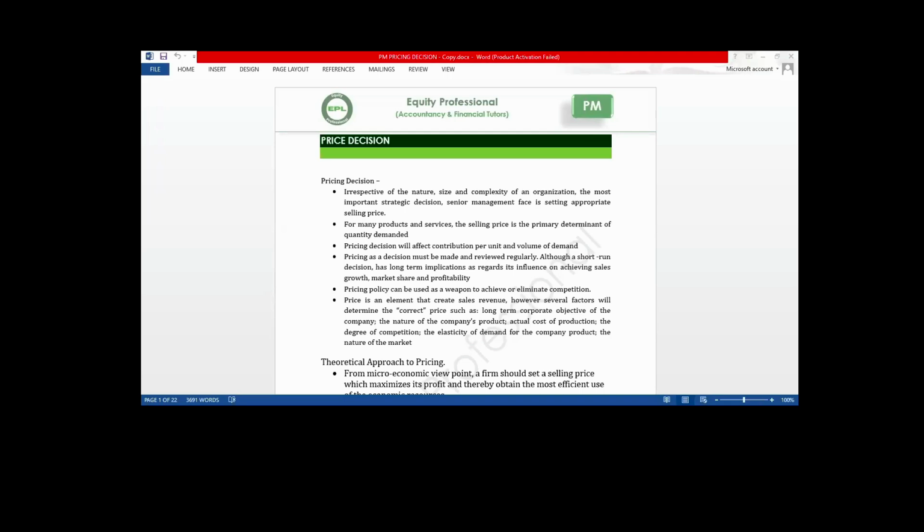If you look at price, the price of a product has a lot of impact on the product's quantity demanded. The selling price for a company will have impact on the reported profits and on the sales revenue.